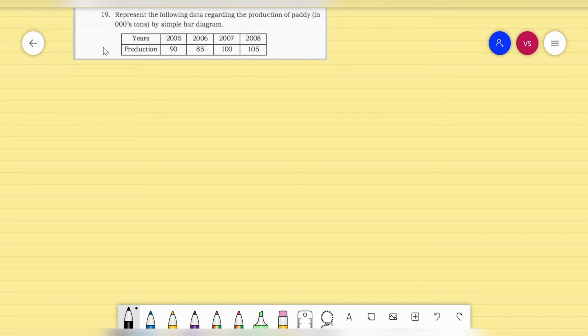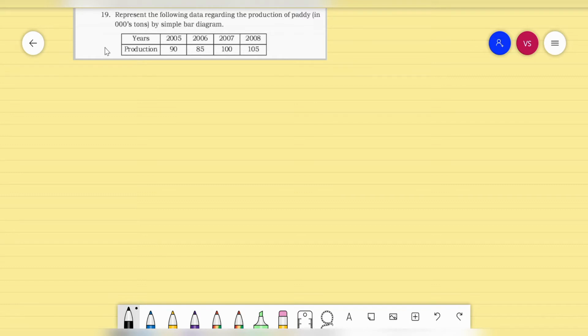All bar diagrams come under one-dimensional diagrams, students. And in two-dimensional diagrams, we have circles, rectangles, squares. These are the diagrams that we come across in two-dimensional diagrams.